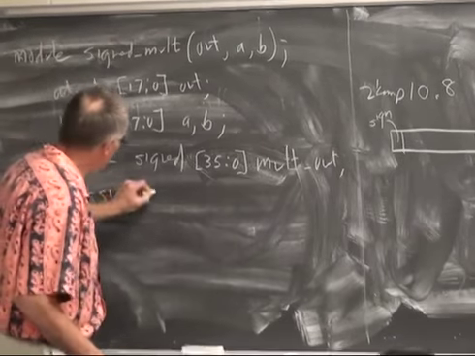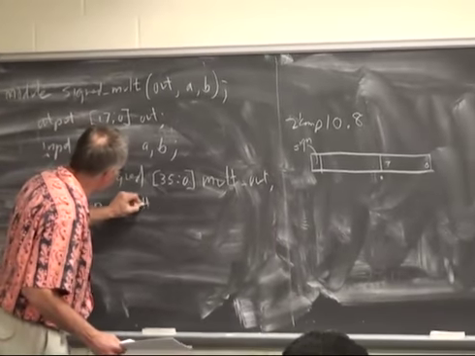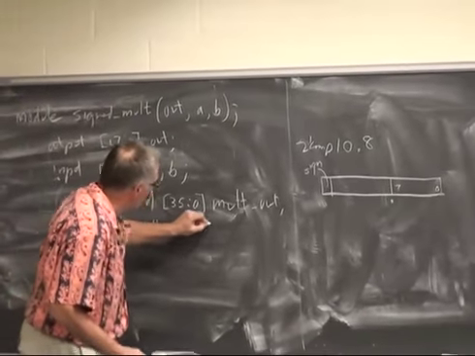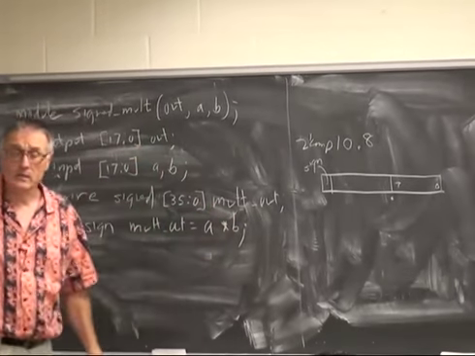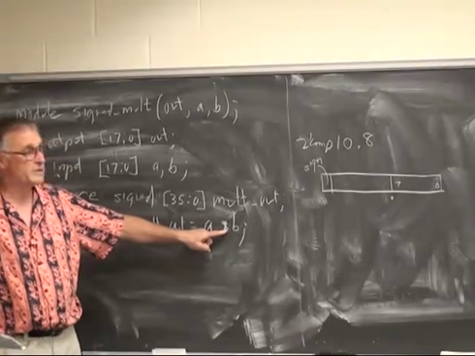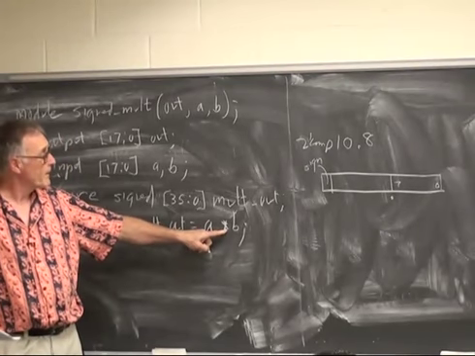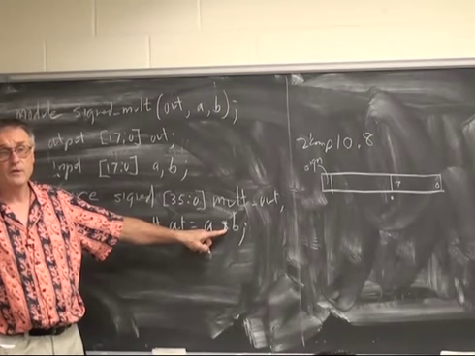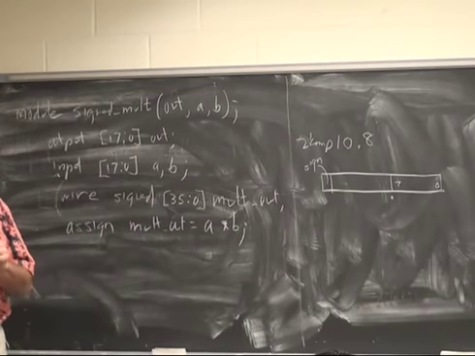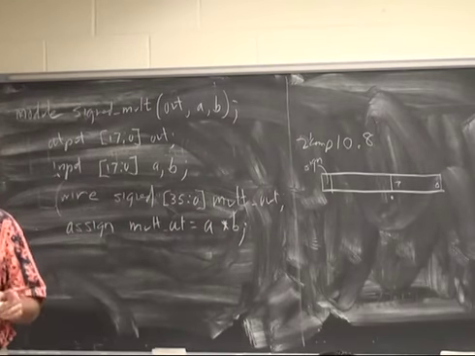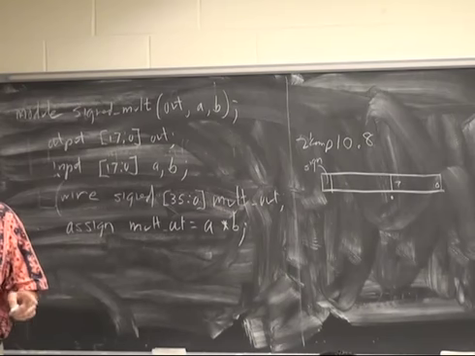We're going to assign mult out equal A times B. Well, that's handy. The asterisk, the star operator in this version of Verilog in Quartus 2 will instantiate a hardware multiplier for you.